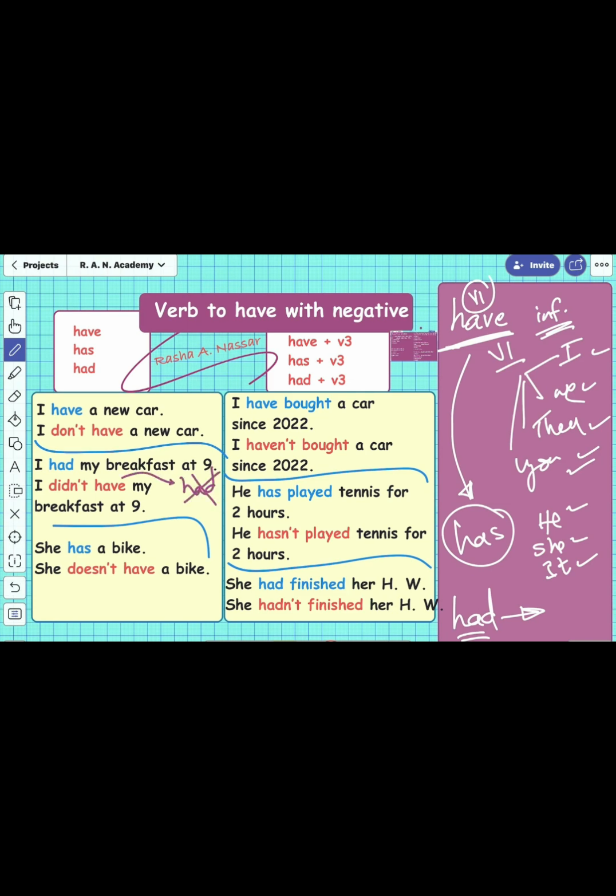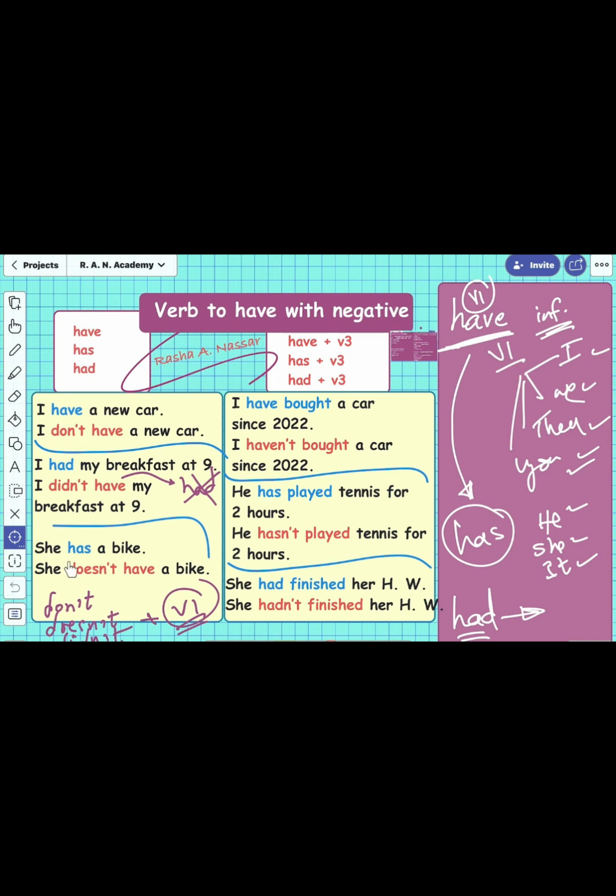No, teacher. Why? Because after don't or doesn't or didn't, I have to choose V1. So what is V1 of the verb to have? Have. So here I have to say, I didn't have my breakfast at 9.